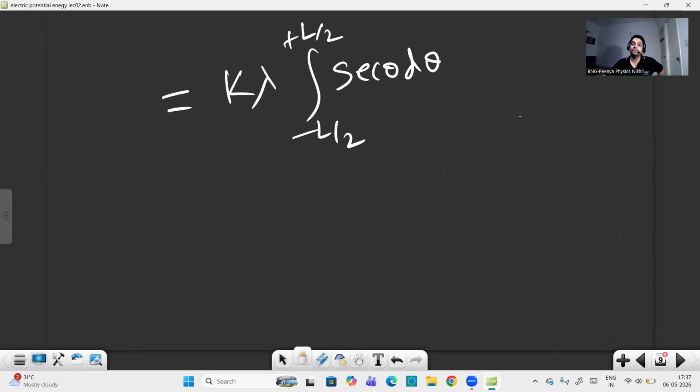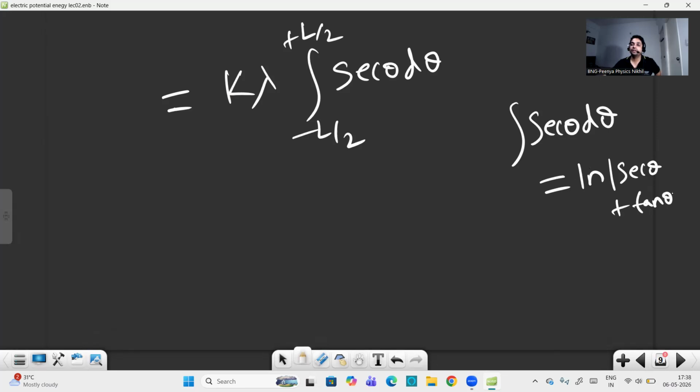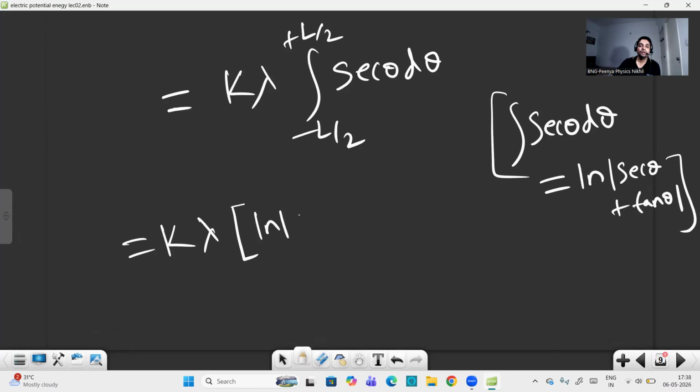So integration of secant theta d theta is ln secant theta plus tan theta. This formula you should remember. Now we'll put this value: k lambda ln mod secant theta plus tan theta. Now you will put the secant theta and tan theta values here.